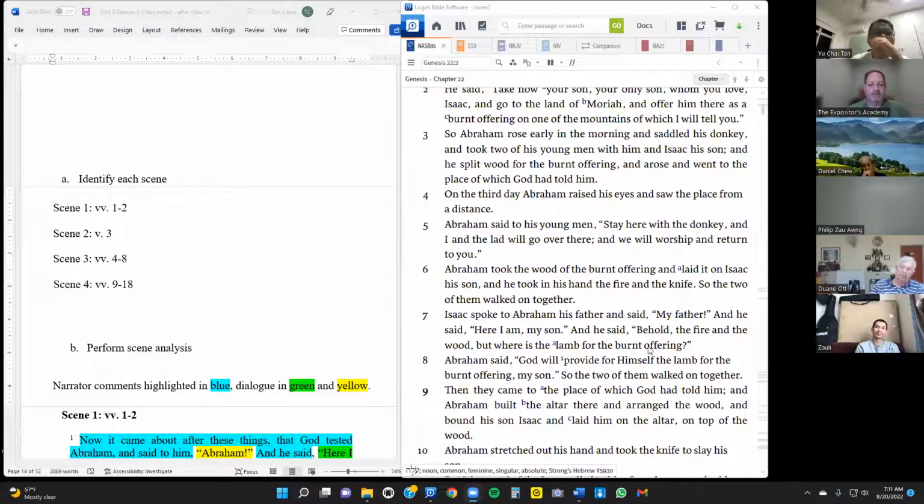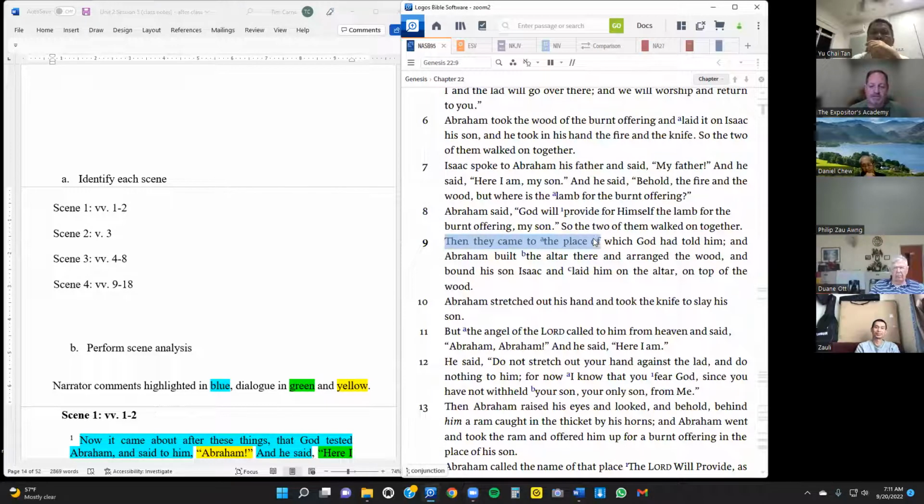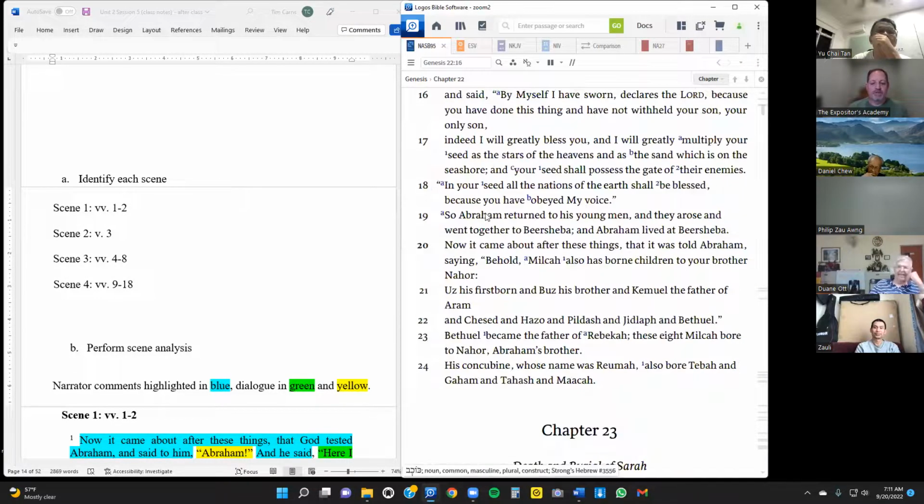So back here again, Abraham goes to the specific location that God had indicated to him, and they're at that location at the last scene in verse 9. They came to the place. So this is on the third day from when they left Beersheba. The location is the specific place where God had told Abraham to sacrifice his son. And then this scene goes up until verse 19, which is the conclusion of the story, where they return to Beersheba.